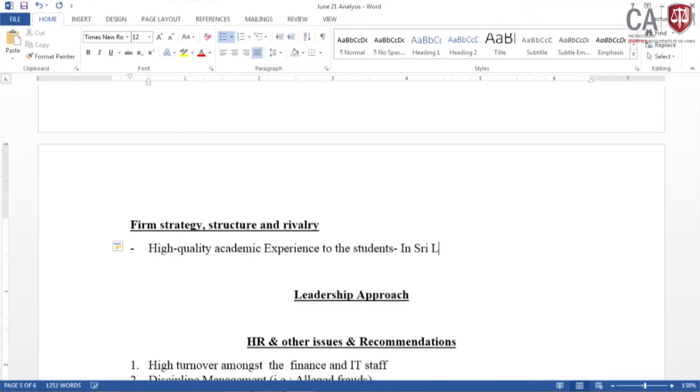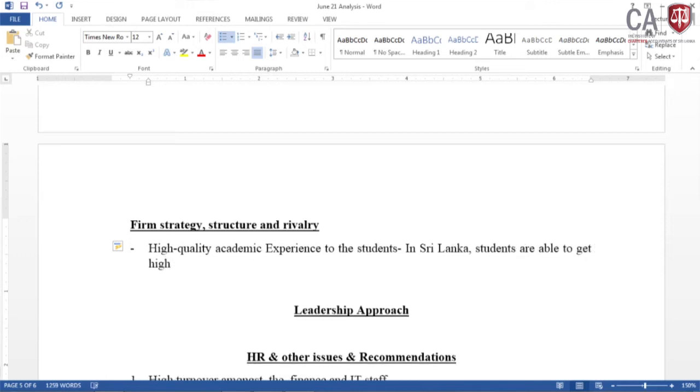In Sri Lanka, students are able to get high quality experience in educations.